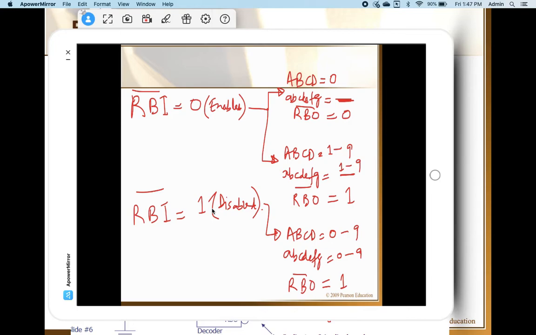All right? What other thing did we talk about? The other thing we talked about was LT, and I showed you that LT is also low enabled. Whenever it is 0, the outputs A, B, C, D, E, F, G will all become high.